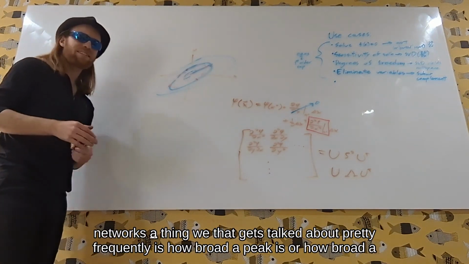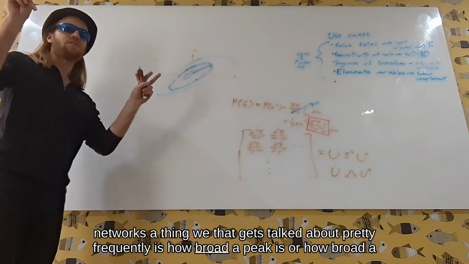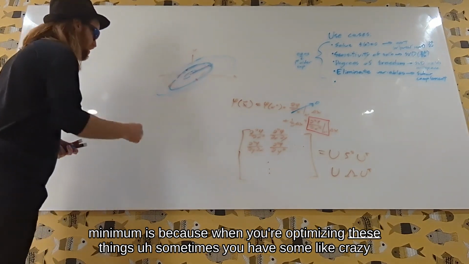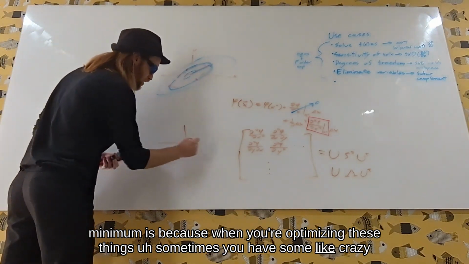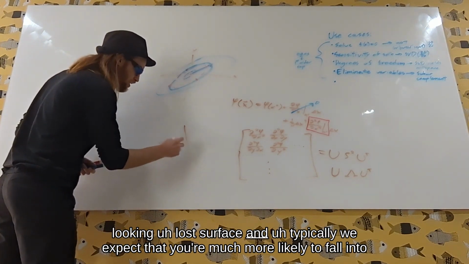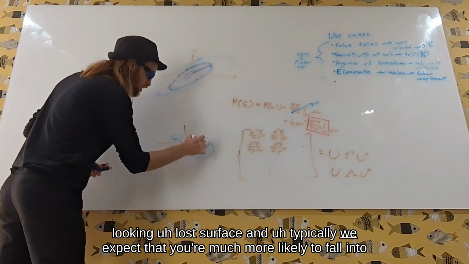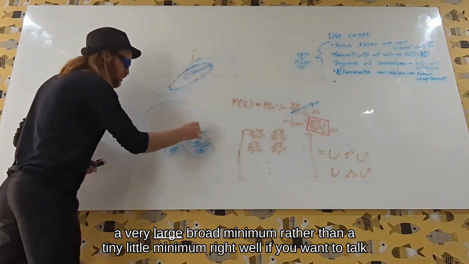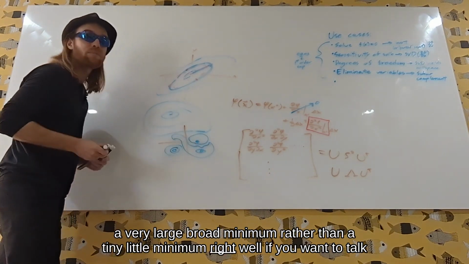So in neural networks, a thing that gets talked about pretty frequently is how broad a peak is, or how broad a minimum is. Because when you're optimizing these things, sometimes you have some crazy looking loss surface, and typically we expect that you're much more likely to fall into a very large, broad minimum rather than a tiny little minimum, right?